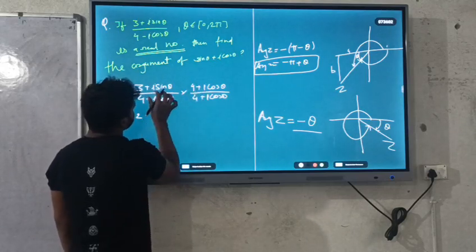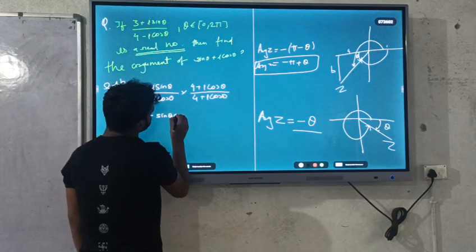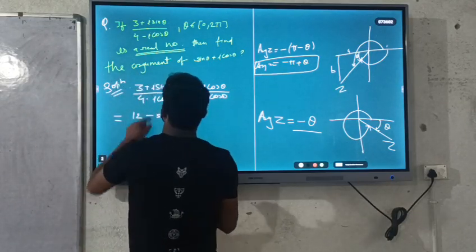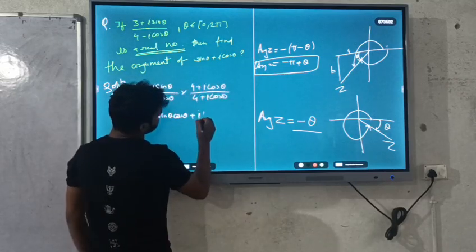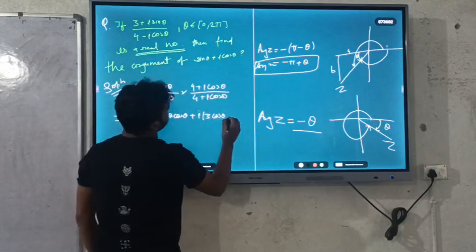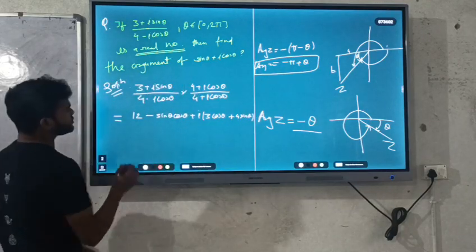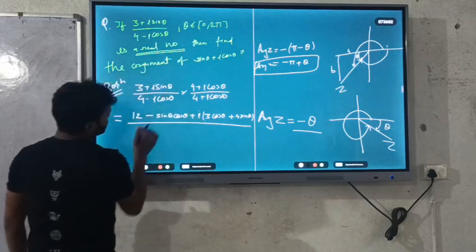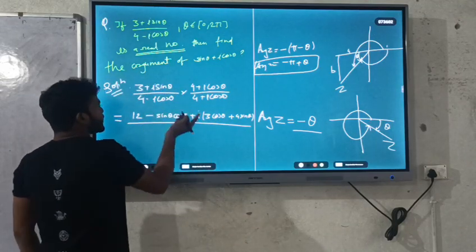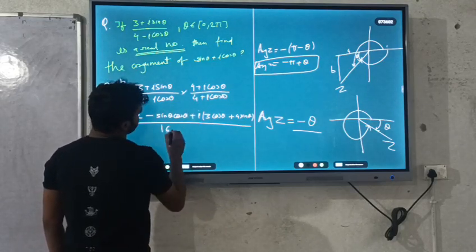This becomes i squared, that is minus 1. So it becomes sin theta cos theta. And then we get for the complex part, this 3 cos theta, and for this we get 4 sin theta. That is a normal multiplication. Now it is in the a minus b, a plus b form, so a squared minus b squared, i squared becomes minus 1, as seen previously, so this becomes 16 and this becomes cos squared theta.